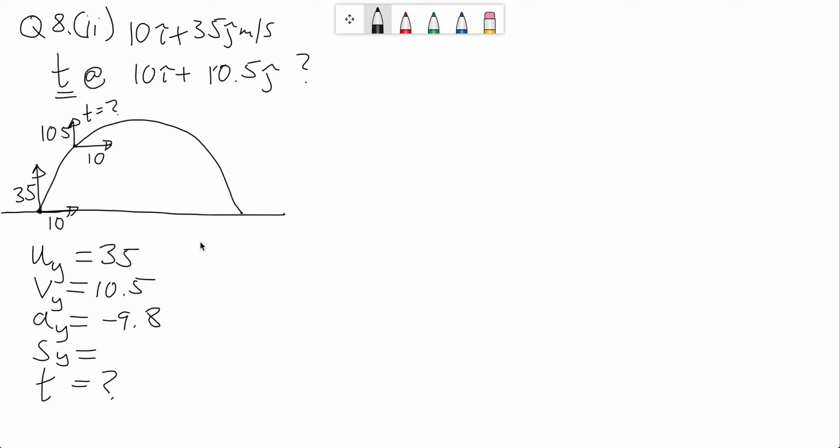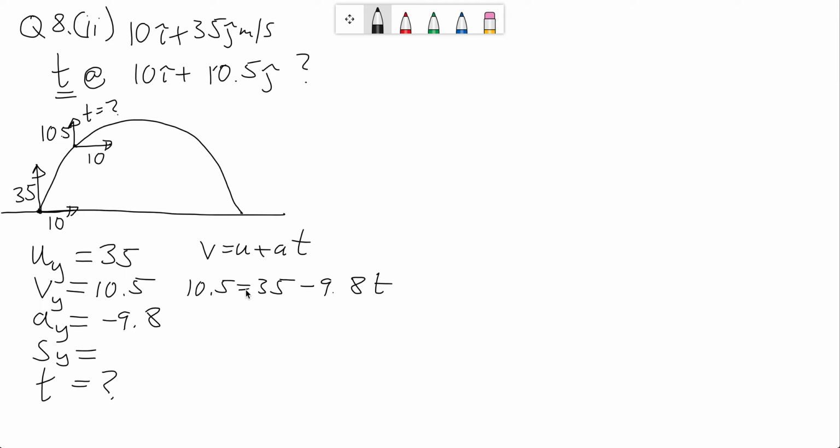So again, it's v equals u plus at, which is handy because that's the easiest of the equations, and this is 10.5 equals 35 minus 9.8 times t, which we're looking for.